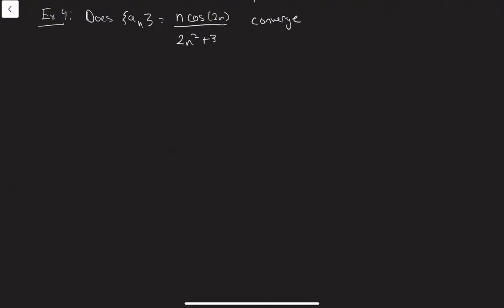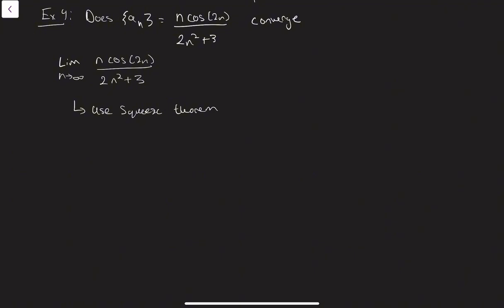Great. So let's write it in limit form again. Limit as n approaches infinity of n cos of 2n all over 2n squared plus 3. Well, you might be tempted again to say that it oscillates because of this cos 2n term, but that's actually not the case. And to solve this problem, we'll need to use the squeeze theorem.